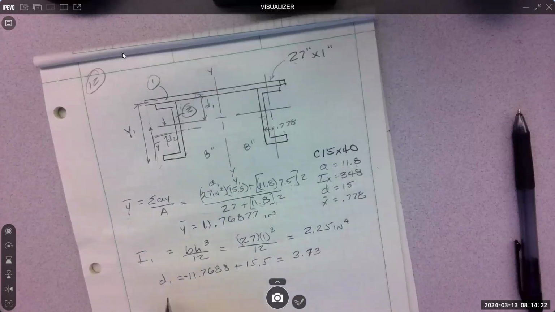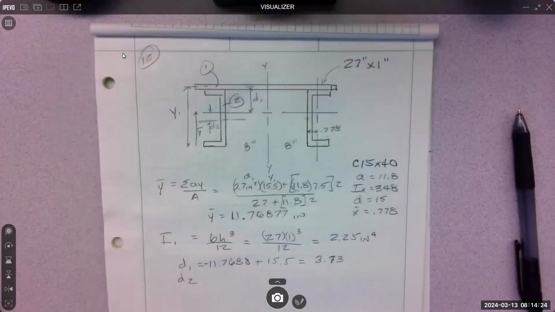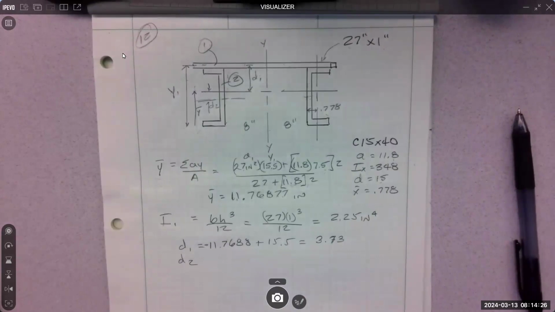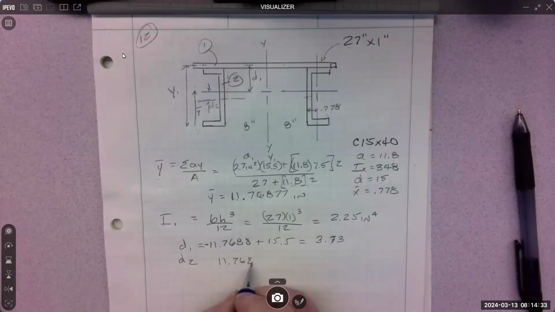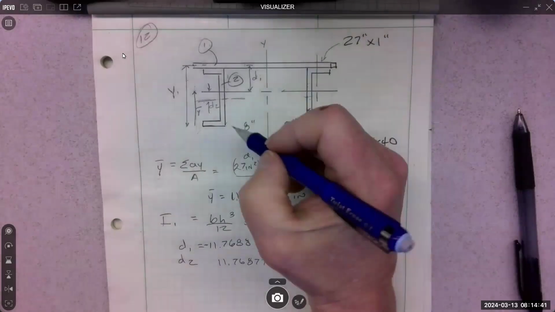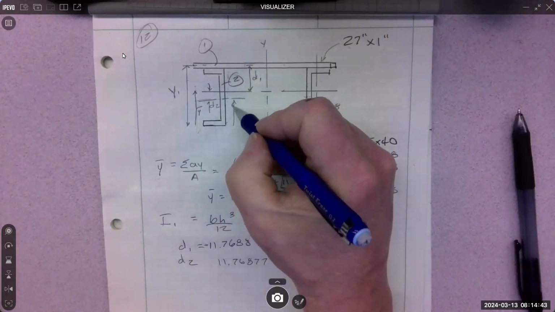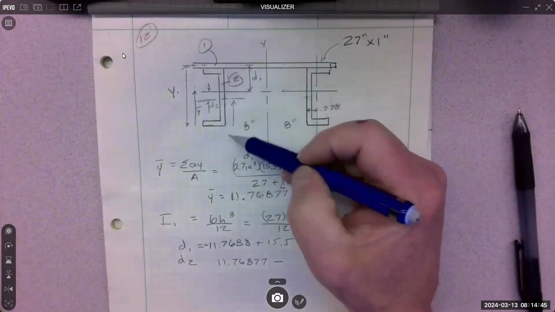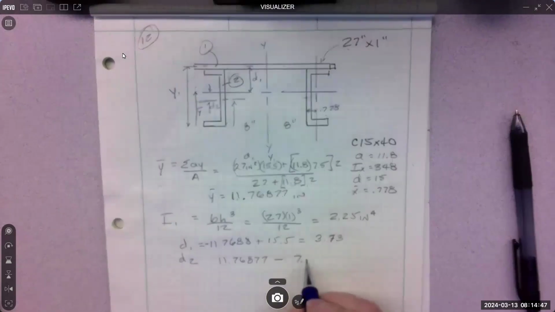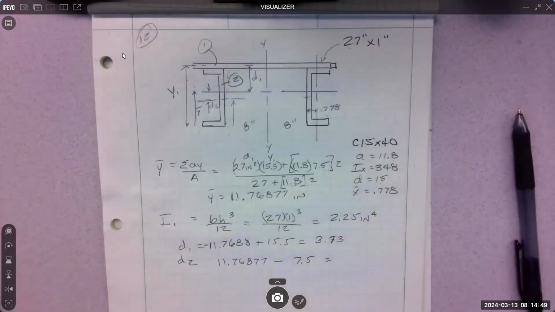And then we need D2. D2 is y bar, which is 11.76877, minus the distance here, which is half of our C shape, 7.5. Is that right?